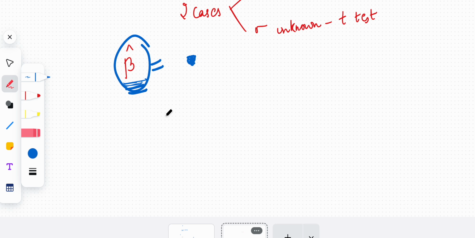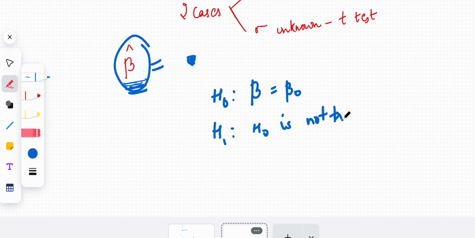Now for beta, firstly we'll apply the z test and then the t test. So H naught is beta equals beta naught, H1 is H naught is not true.